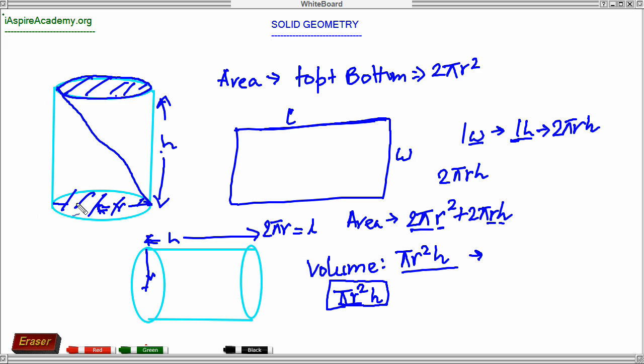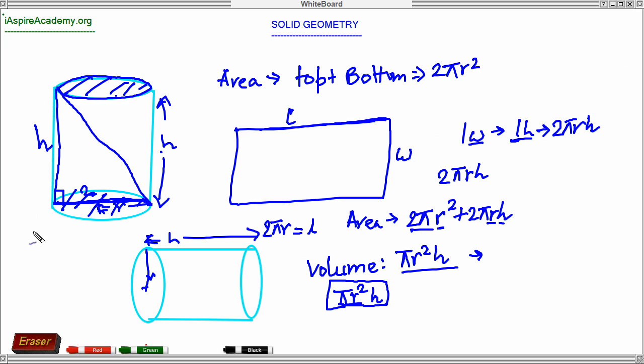To find the diagonal, this is our triangle which we need to calculate the diagonal. Remember, in most solid geometry shapes, to calculate a diagonal you always have to apply the Pythagorean theorem, and for that we always have to find the triangle which involves the diagonal. For this one, this length of the triangle is h, and if the radius is r, this is 2r, because it almost becomes a diameter of the circle.